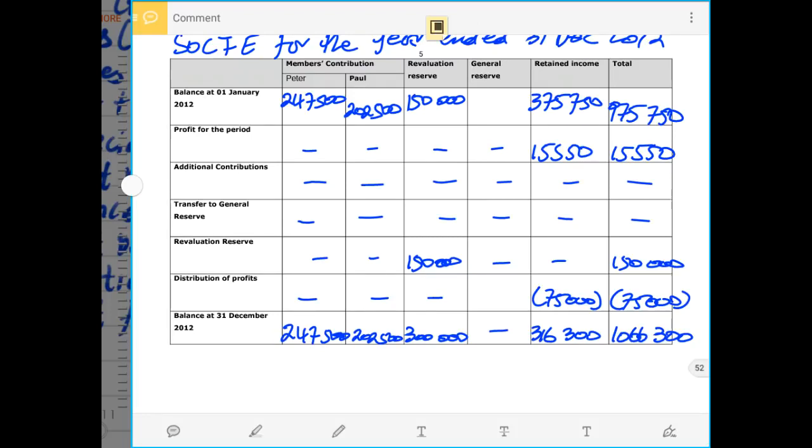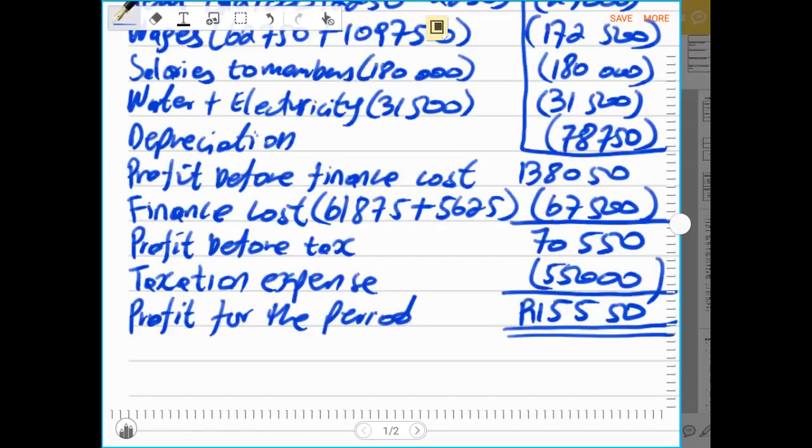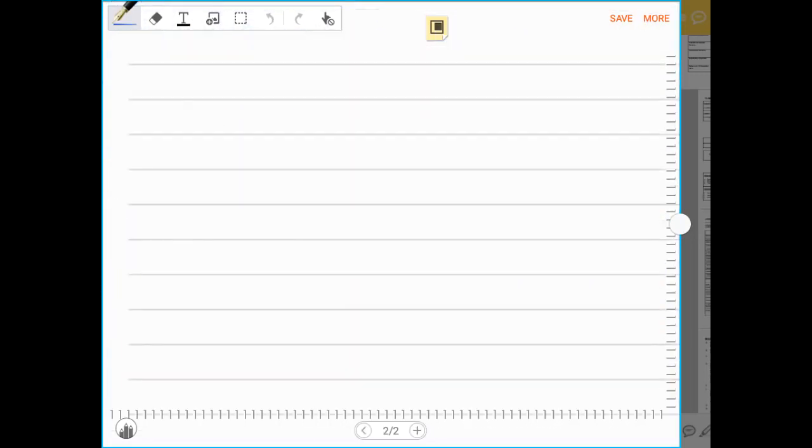The last note that I will do now is requirement number 7. Requirement number 7 was to do the members' interest-free loans. This is a note.